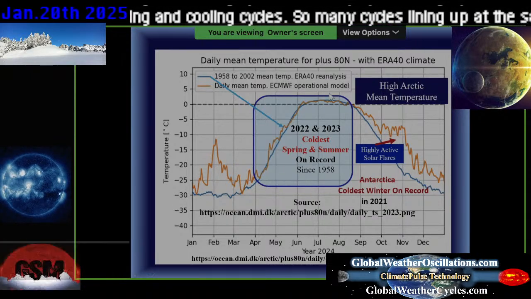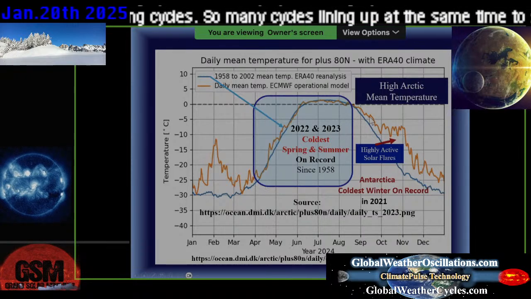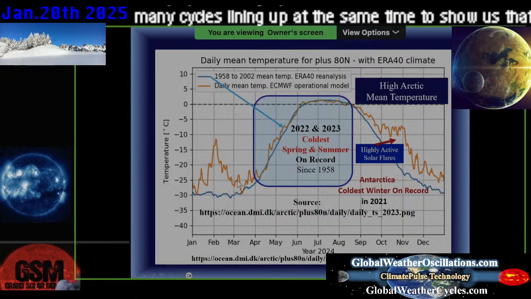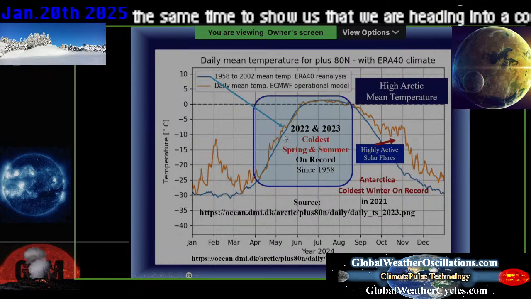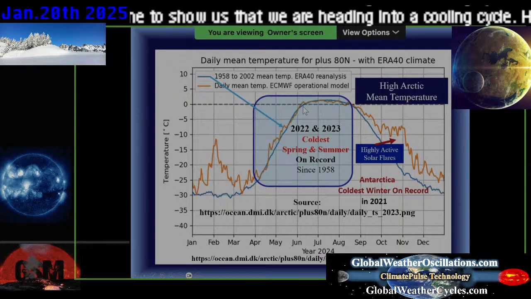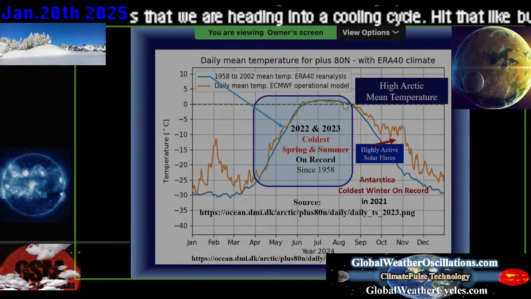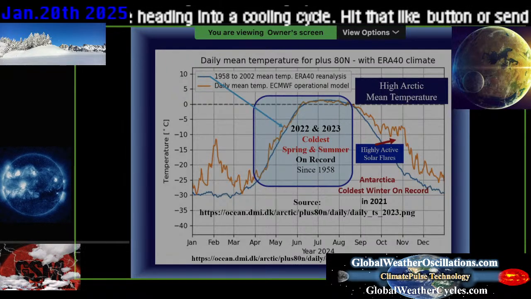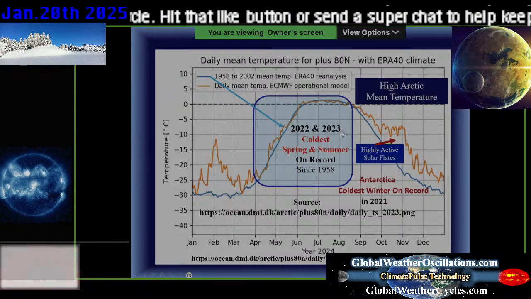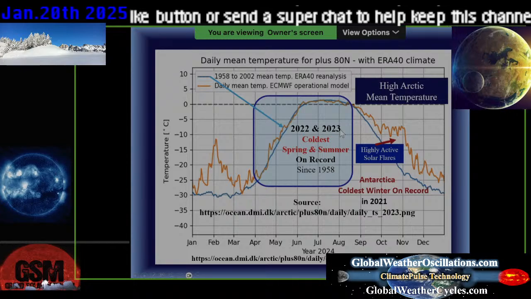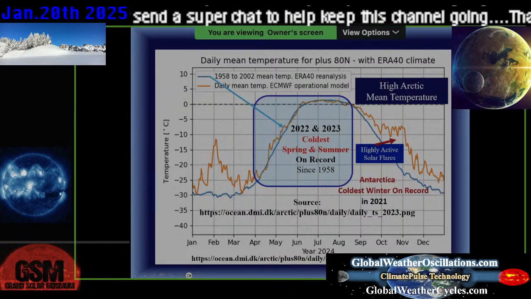During 2022 and 2023, the temperature in the high Arctic, that's the orange line, was pretty much average to below average during that time. I look back to when records began in 1958, the two years, 2022 and 2023, were the coldest spring and summers on record since 1958.